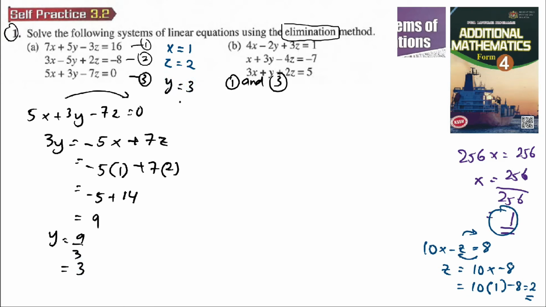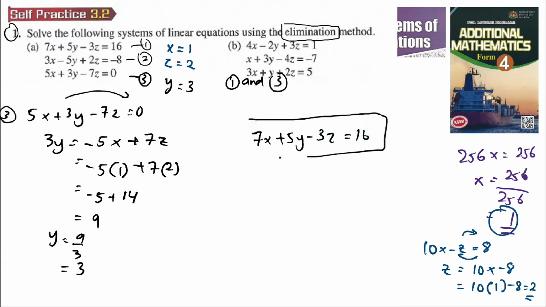So to check if your answer is correct, you can just substitute in any of these equations. But you already used this one, which is number 3. So use number 1 or 2 to check. So if I use 7x plus 5y minus 3z is equal to 16, you are supposed to get this.